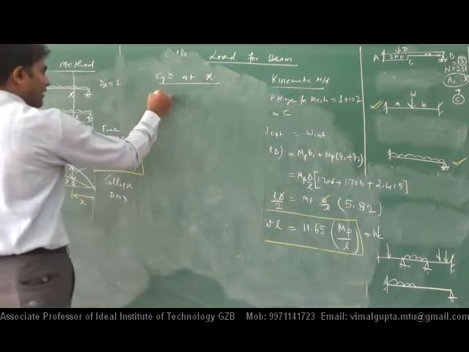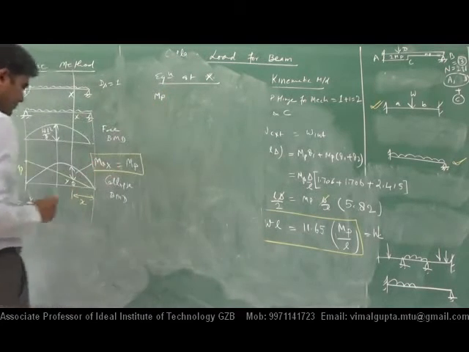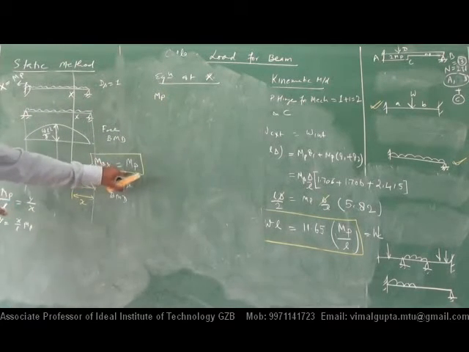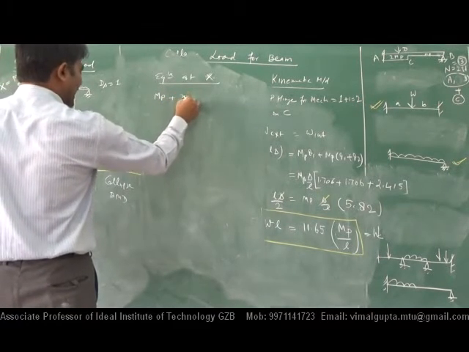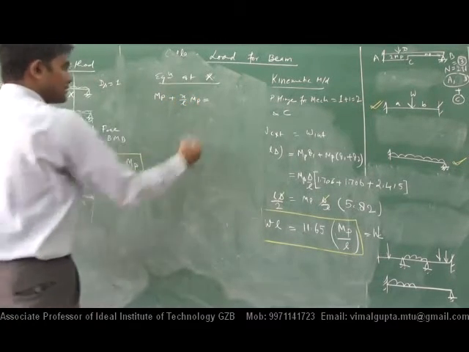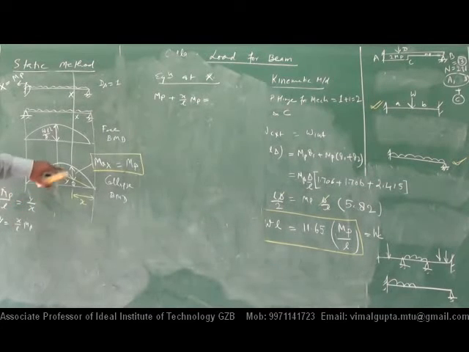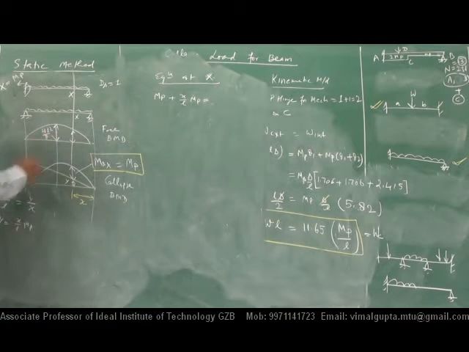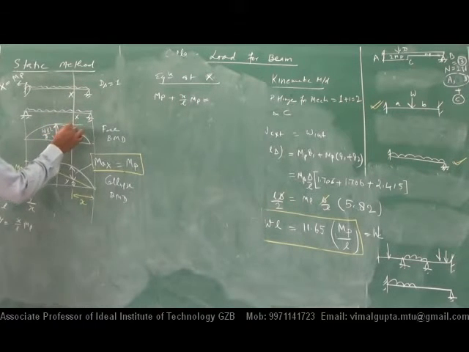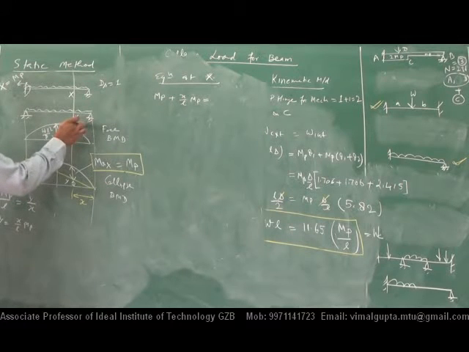At X, the value of MP, that is MP plus X by L MP, equals what should it be? That equals this one. How much will this be? Work it out here. This one, how much will the BMD be?